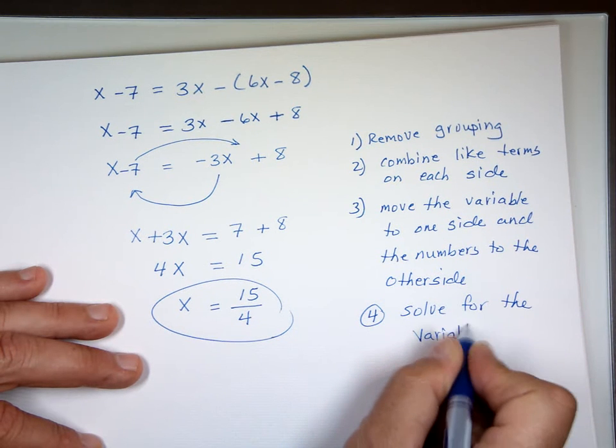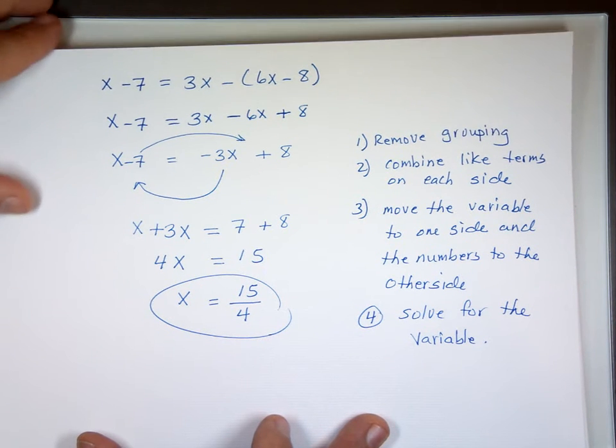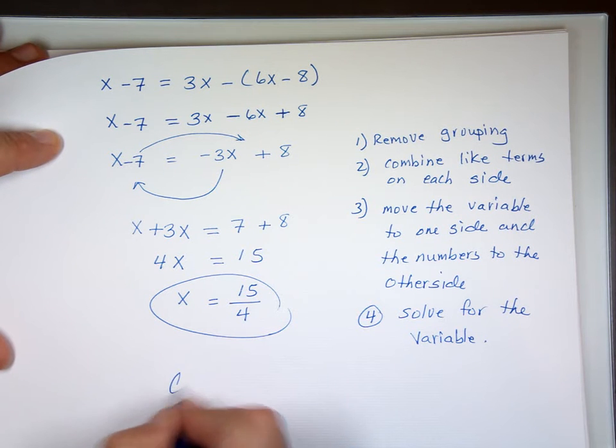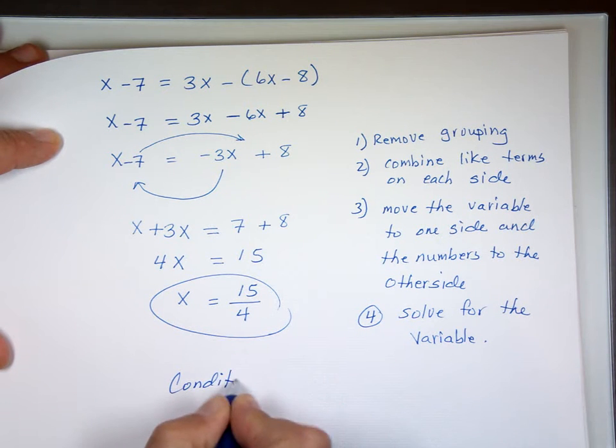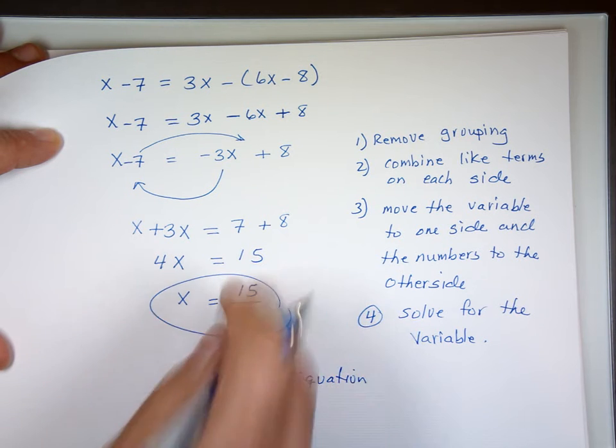That's really what I did there. But I always start with the parentheses. If you have parentheses, take care of them. Then start cleaning. Again, this is a conditional equation. It's only good when what? It's only true when x equals 15 over 4.